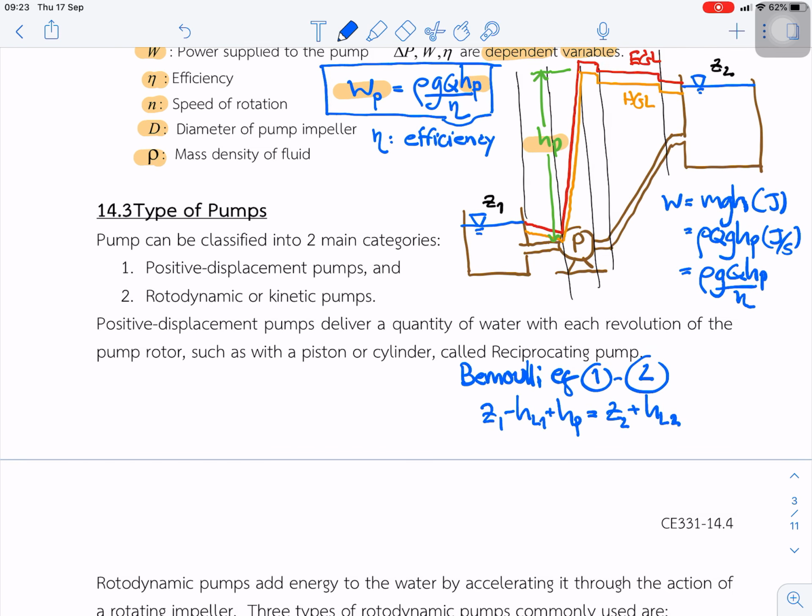So actually we can prove that H pump is equal to the difference of the elevation head plus the head loss, which is equal to delta Z plus the summation of friction loss plus the summation of minor loss.